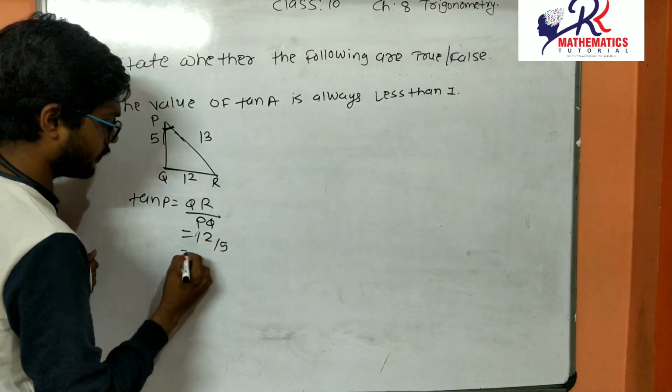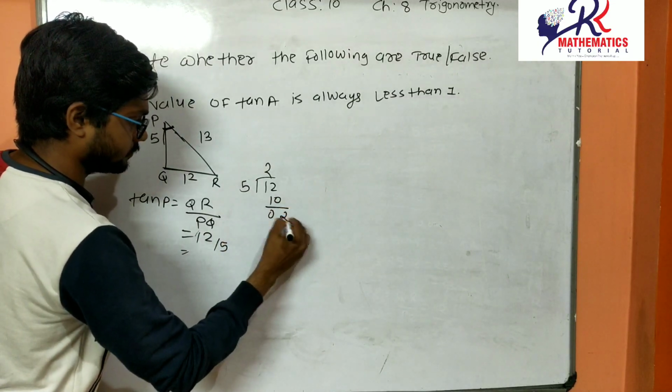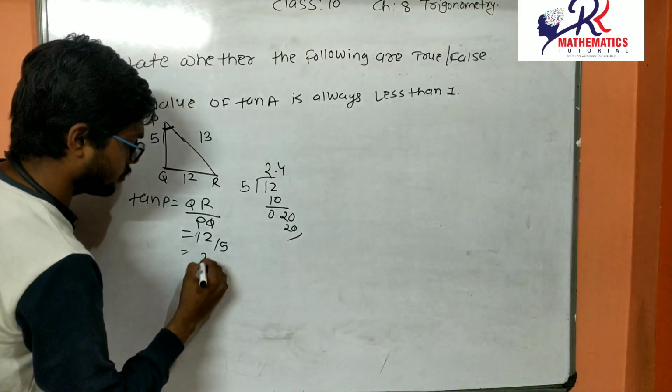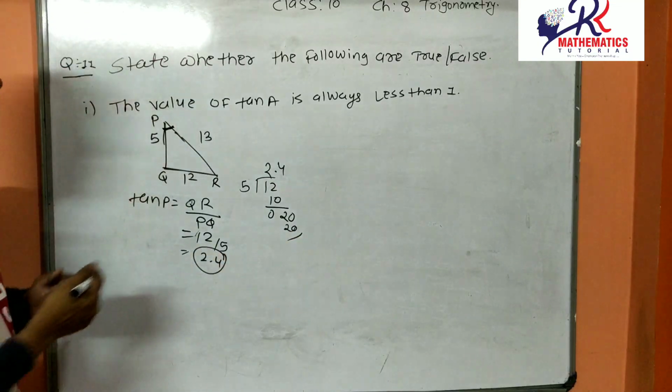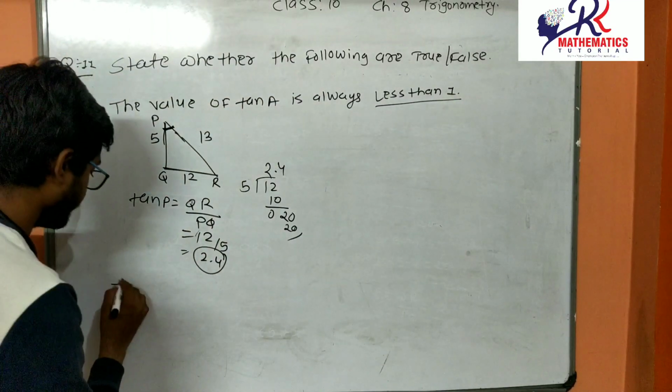The division of 12 upon 5 is 2.4, which is greater than 1, but here it is written less than 1. So it is a false statement.